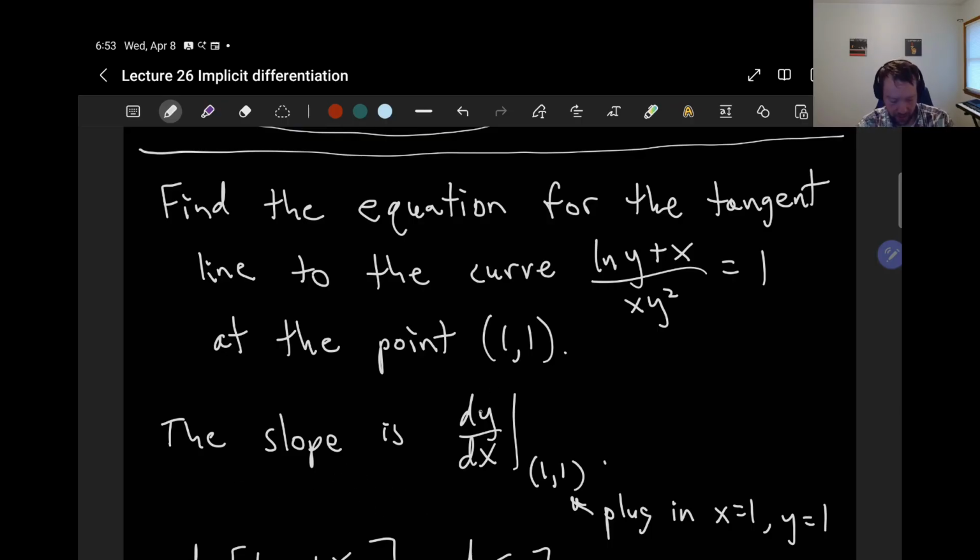So the slope of the tangent line, it's dy dx, but evaluated at that point. This is the point that we're at, where the line crosses the curve. So we just found the general expression for dy dx. Next step is to plug in x equals 1, y equals 1, and then we'll have the slope of the line.